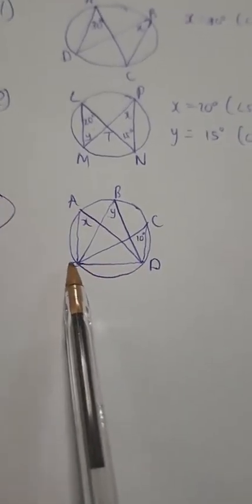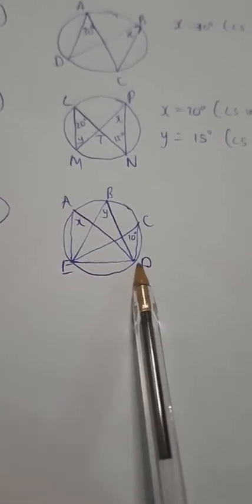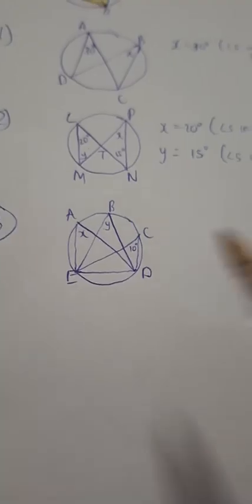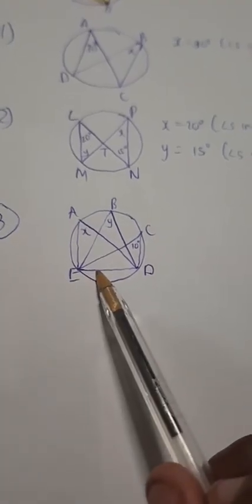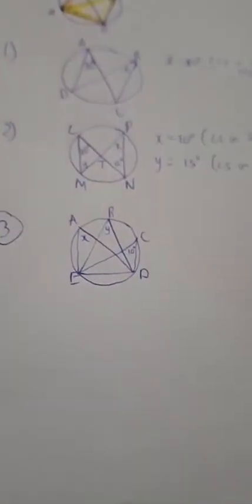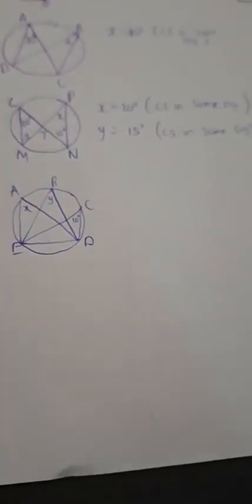So we look here, there's a chord ED, and ED is subtending some angles. In other words, this chord is subtending a few angles. So let's identify the angles that this chord is subtending. We have chord, obviously ED.